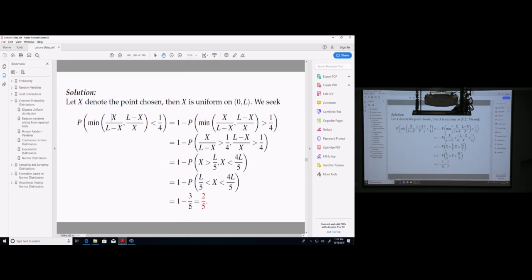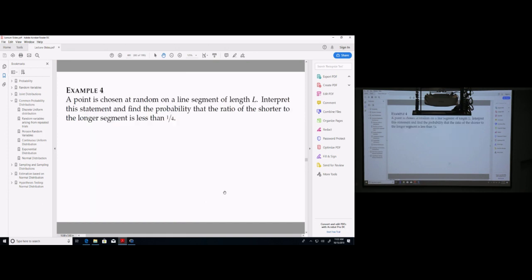And as a result, 1 minus 3/5 is 2/5. So this is just a twist of the problem, not just the uniform distribution, but things that are related to the uniform distributions.